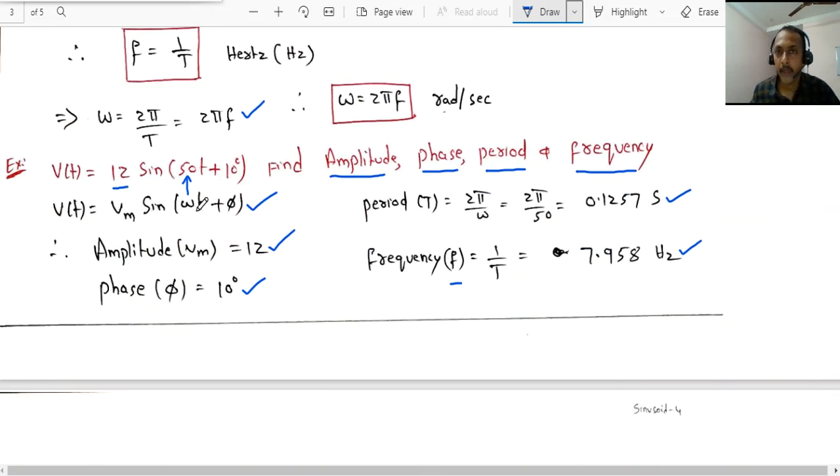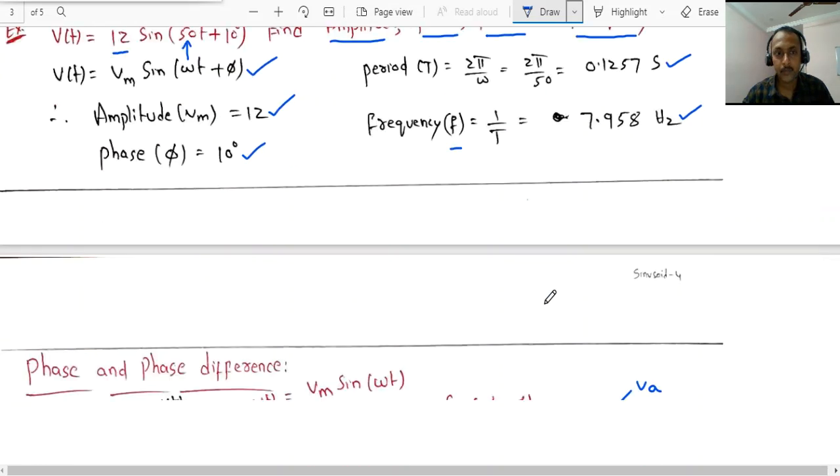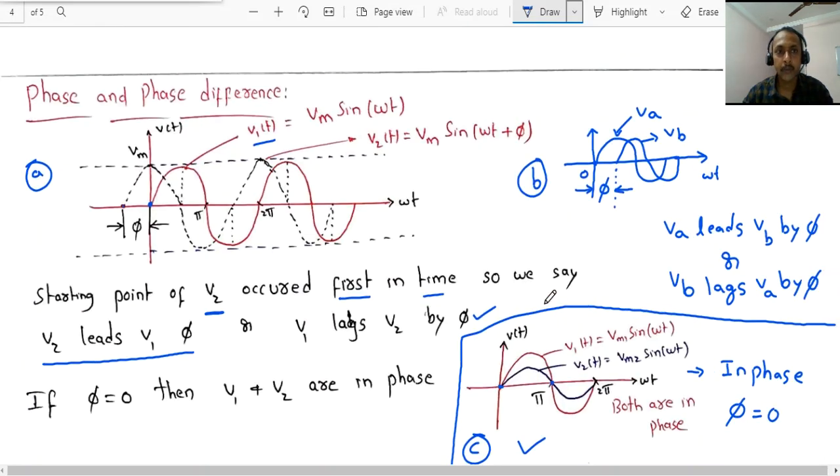Vm sin of omega t plus phi. From this you should be in a position to tell the amplitude, phase, frequency and period. Please practice this example and also understand the difference between the phase and phase difference. Observe which one is occurring first. In A, V2 is occurring first.